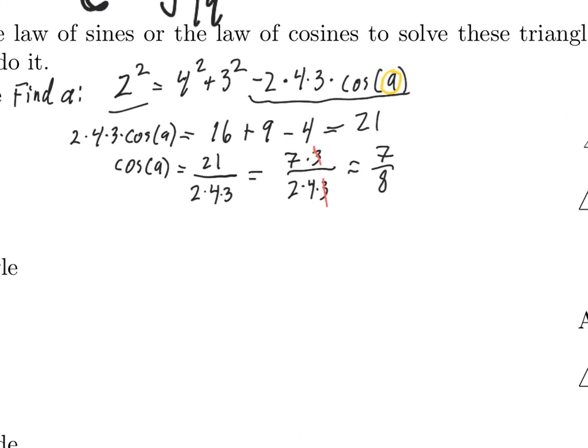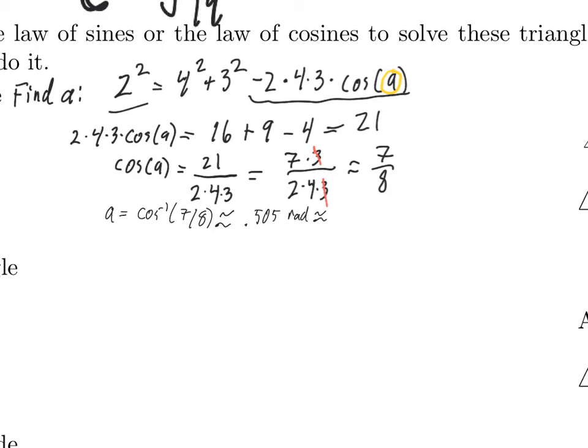A is cosine inverse of 7 over 8. And you know what? Just for laughs, let's go ahead and compute that using a machine. Inverse cosine of 7 over 8 is somewhere around 0.505 radians.